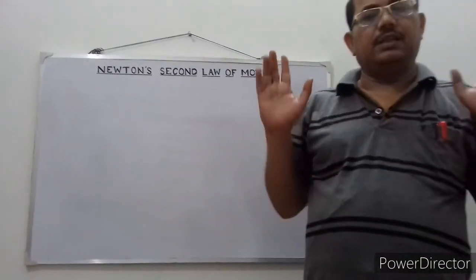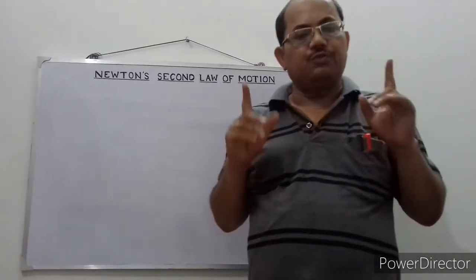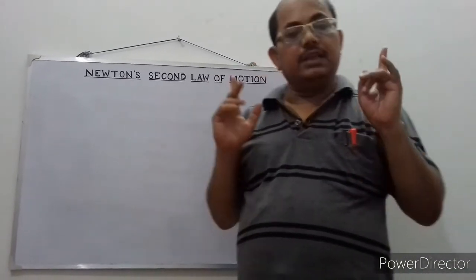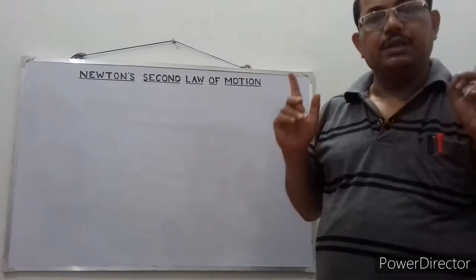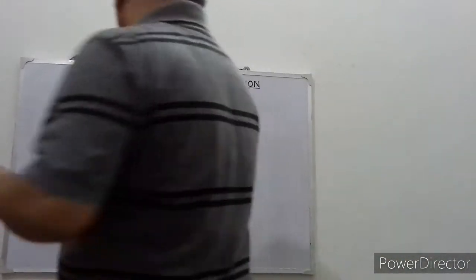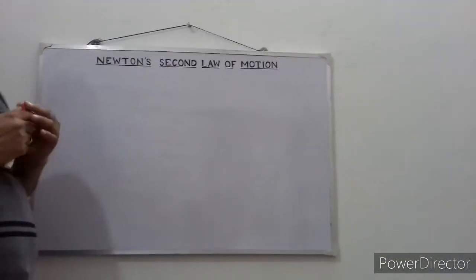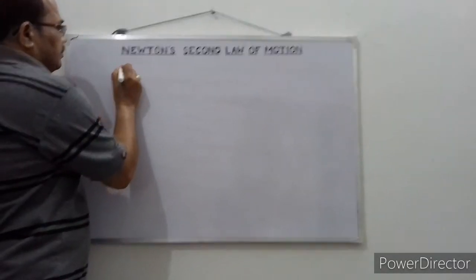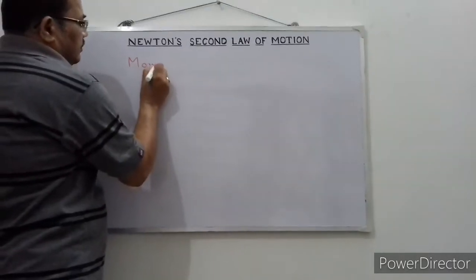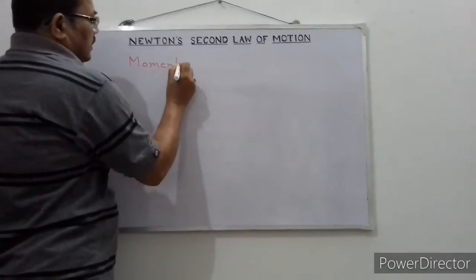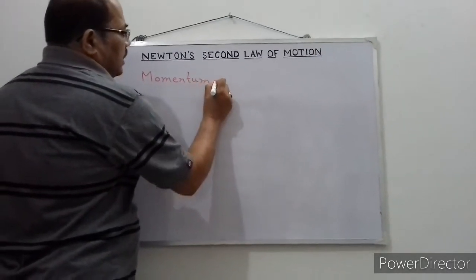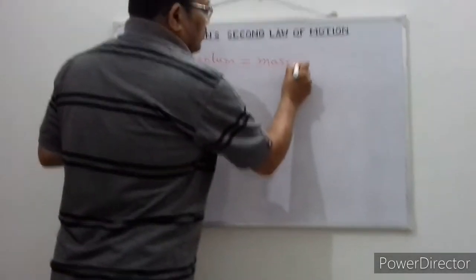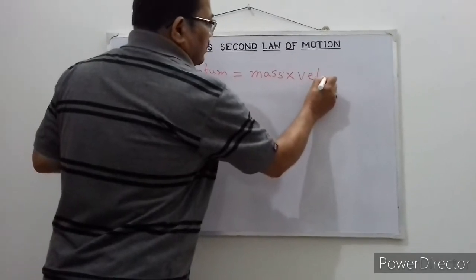Before discussing Newton's second law of motion, first we should understand an important term, that is linear momentum or simply momentum. What is linear momentum? It is the product of mass and velocity. So momentum equals mass into velocity.